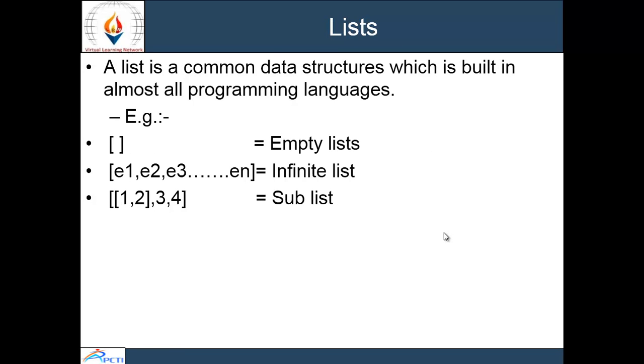And if we talk about list, it is a common data structure which is inbuilt in almost all programming languages. Square brackets, simply square open bracket and close bracket, denote an empty list. This is a list, and 1, 2, 3, 4 is a sub list, that is a list inside another list.